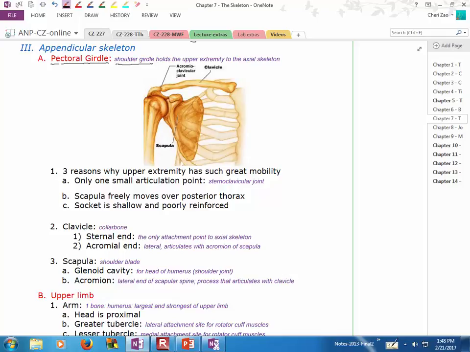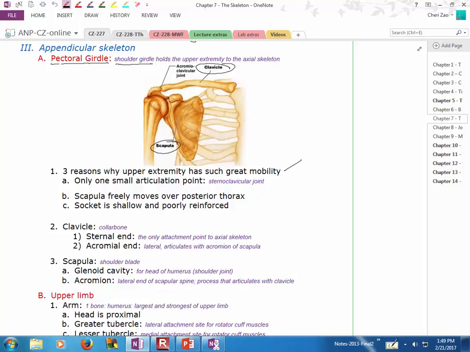And the shoulder girdle or pectoral girdle is interesting in that it is 2 bones, the clavicle and the scapula, and it is an exceedingly unusual arrangement that these bones have with the head of the humerus that allows for the wide variety and range of motion that you actually have with your upper extremity. Let's go over the 3 reasons why the upper extremity has such fantastic mobility.